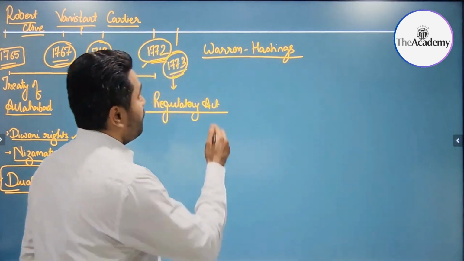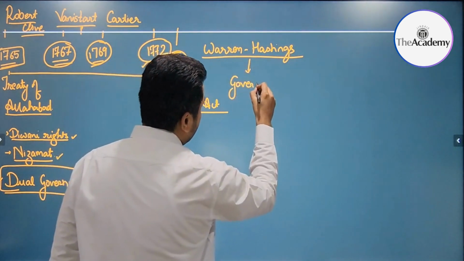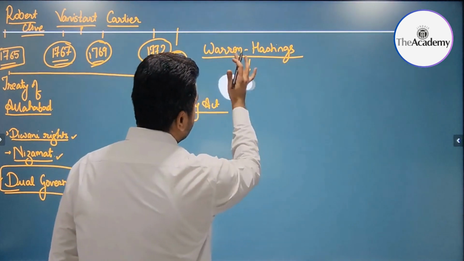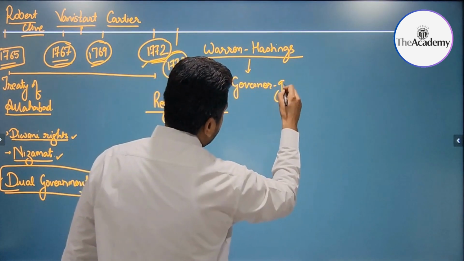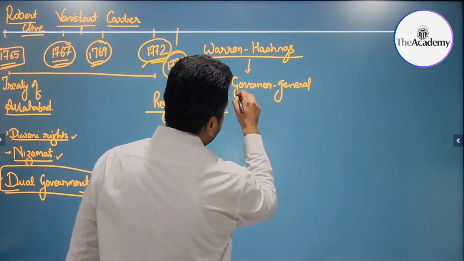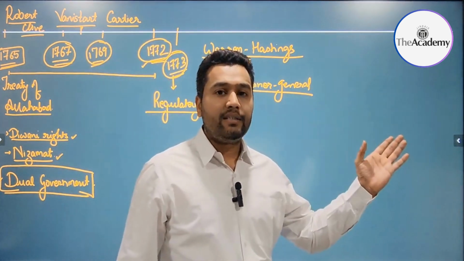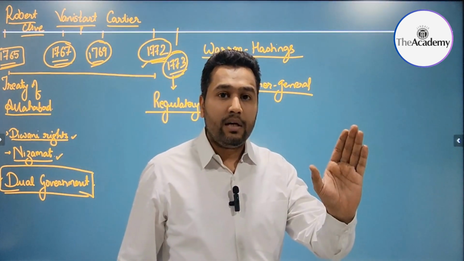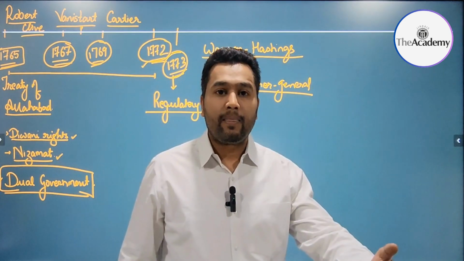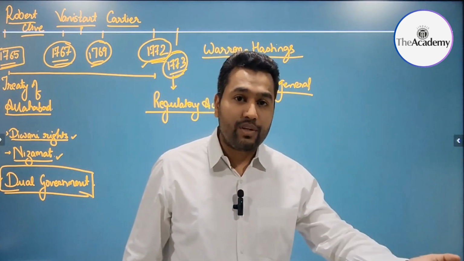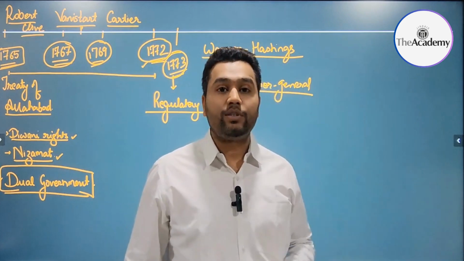As per this act, Warren Hastings henceforth was to be made the Governor General, and he was supposed to have a council so that it could assist him for his legislative, executive, even judicial functions.